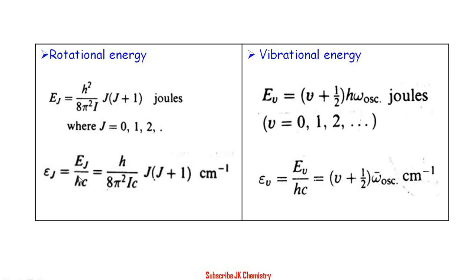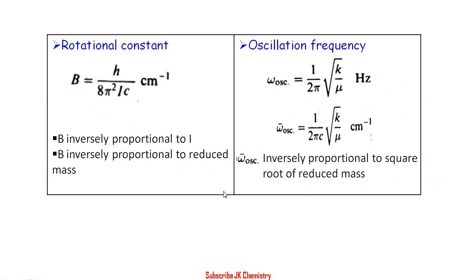It is simple. You just divide the energy in joules by hc. So EJ/hc gives you h / (8π²Ic) × J(J+1) centimeter inverse. This is a very important equation. In the same way, you divide the vibrational energy by hc, that is Ev/hc = (v + 1/2) ω oscillation centimeter inverse. Very clear. So you have to remember this equation.